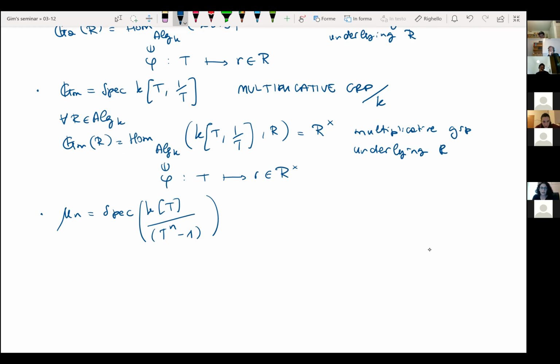So reasoning as above, we have that for each K algebra R, mu n of R is the set of elements r in R such that r^n is equal to 1. And this is indeed a group with respect to multiplication. These are the n-th roots of unity belonging to the K algebra R. So mu n is said to be the n-th roots of unity group.